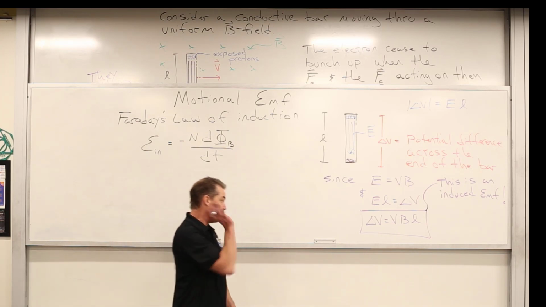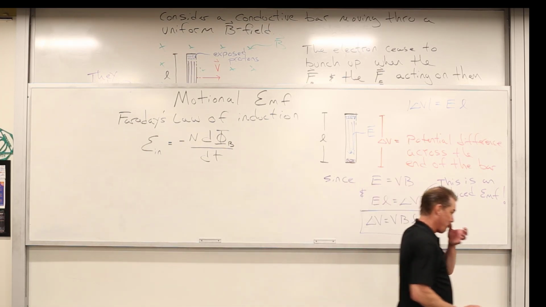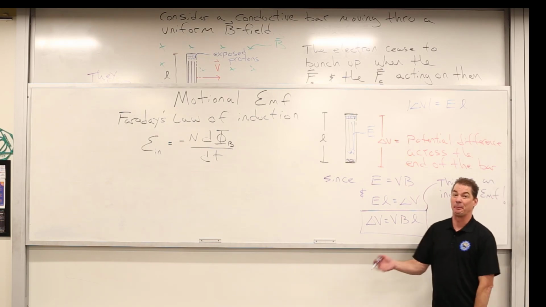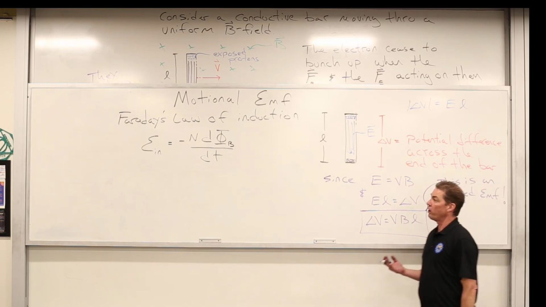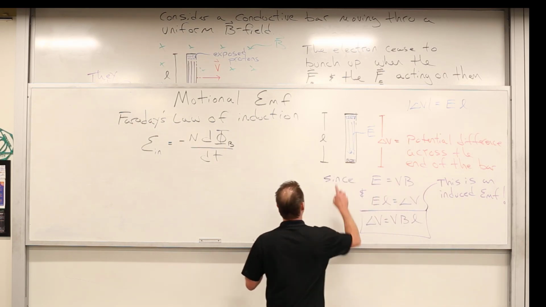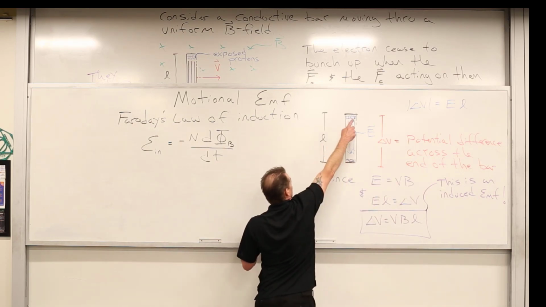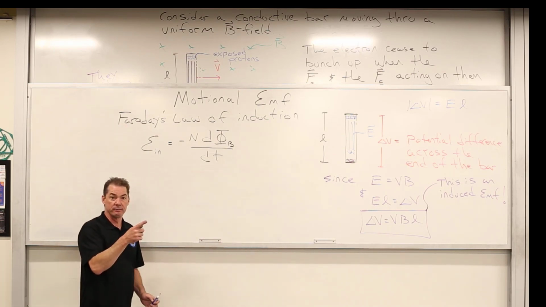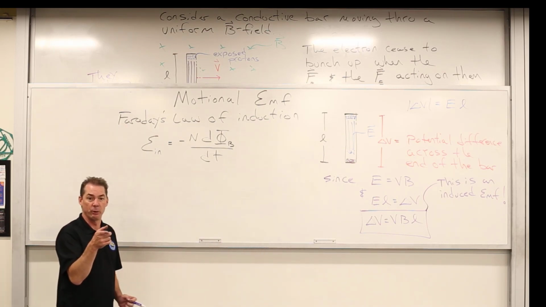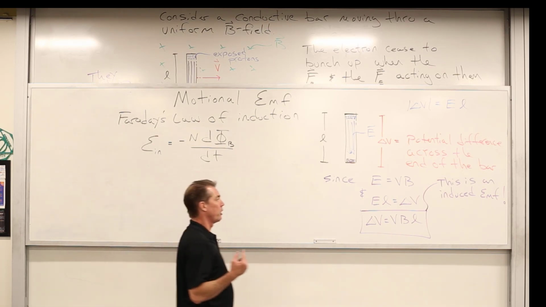So what we want to do with this is actually get something out of it. And what we want to get out of it is some current. Induce an actual current. Well, to induce a current, I would need to somehow connect the negative side back to the positive side. Have a completed circuit, if you will. And then we could start to get some current in there.